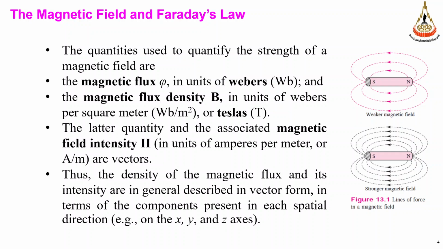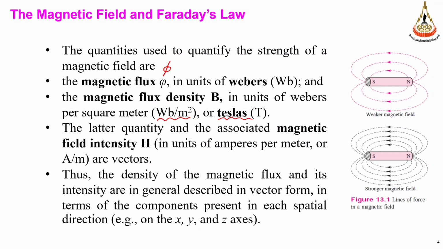Okay, and the quantity used to quantify the strength of magnetic field is magnetic flux, right? This is magnetic flux. The unit is Weber, okay? And the magnetic flux density is Weber per square meter. Or we use this unit in terms of Tesla, right? Tesla is Weber per square meter.